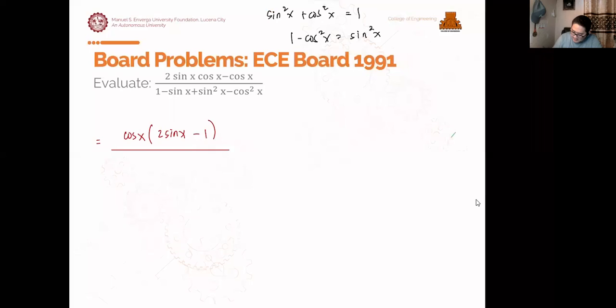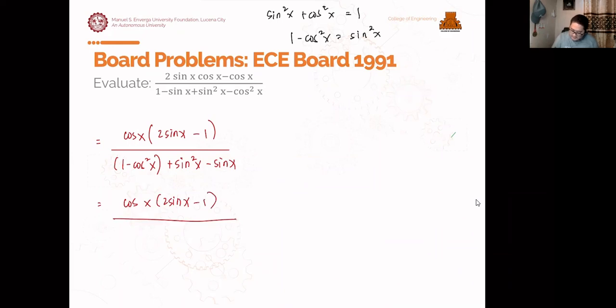So, ibig sabihin, itong sa ilalim, pwede natin ilagay 1 minus cosine squared x, ni-rearrange ko lang, plus sine squared x minus sine x. Okay? And then, simplify muna natin yung denominator. Copy lang muna natin yung numerator. So, again, ito will be equal to sine squared x.